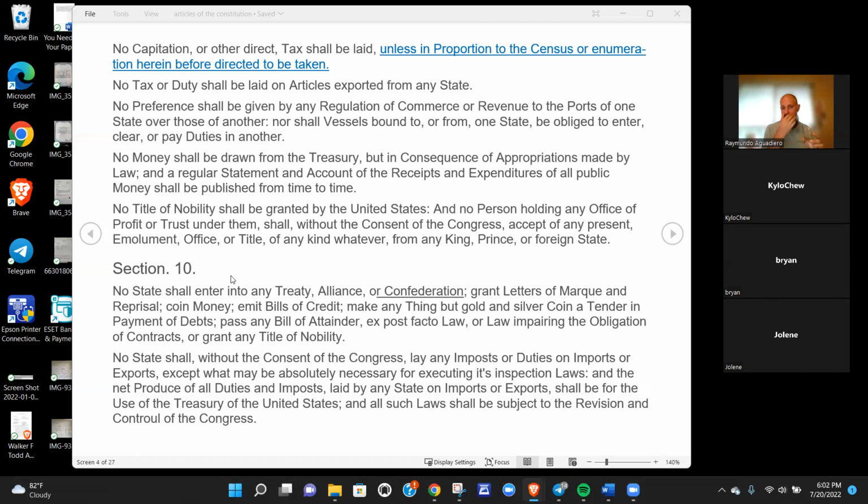So states can't really lay their own import taxes unless it has to do with inspections. If they have to inspect produce that comes in, you can add a little tax so someone can make sure you're not bringing in any funky stuff.